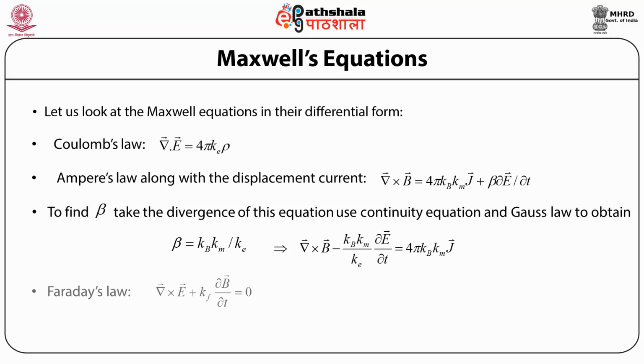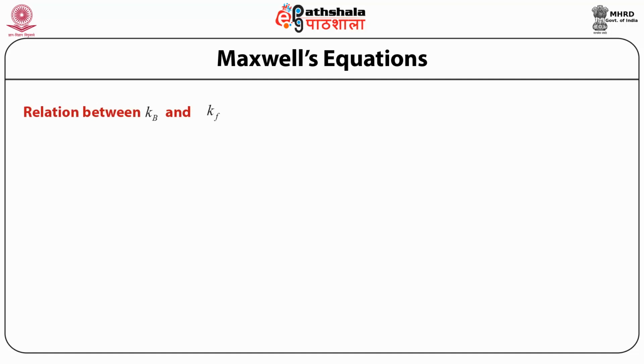Similarly, from Faraday's law, we have del cross E vector plus Kf del B by del t is equal to 0. And finally, we have the absence of magnetic monopoles, that del dot B vector is equal to 0. Now let us see the relation between Kb and Kf.